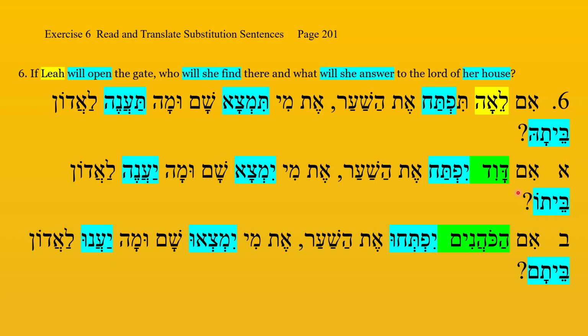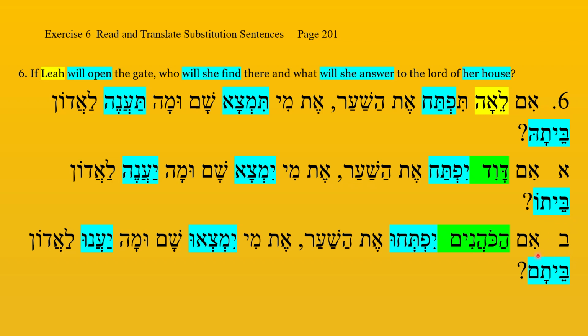Substitution Aleph. Im David yiftach et ha-sha'ar et mi yimtza sham u'ma ya'aneh ladon beto. If David will open the gate, who will he find there, and what will he reply, or what will he answer to the Lord of his house?